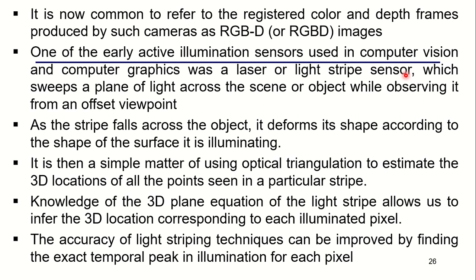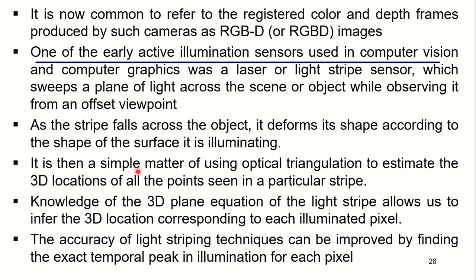One of the early active illumination sensors used in computer vision and computer graphics was a laser or light stripe sensor, which sweeps a plane of light across the scene or object while observing it from an offset viewpoint. As the stripe falls across the object, it deforms according to the shape of the surface it is illuminating.